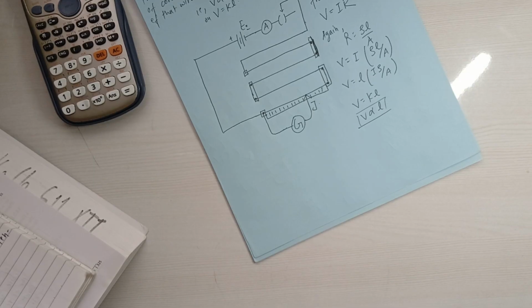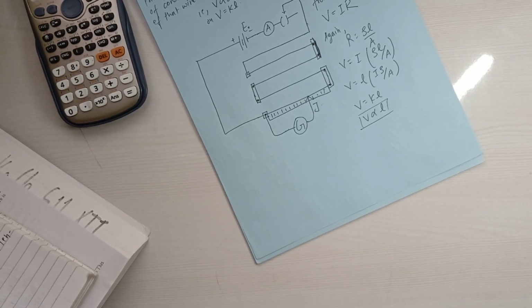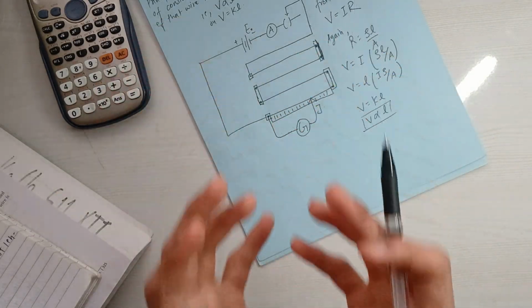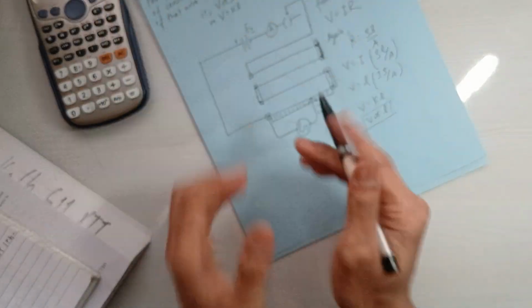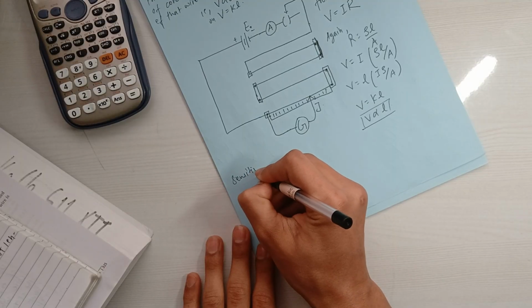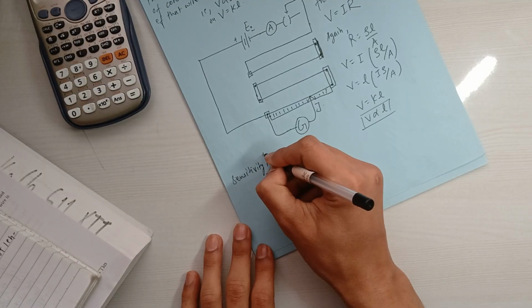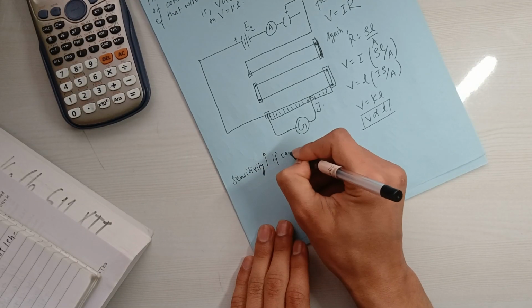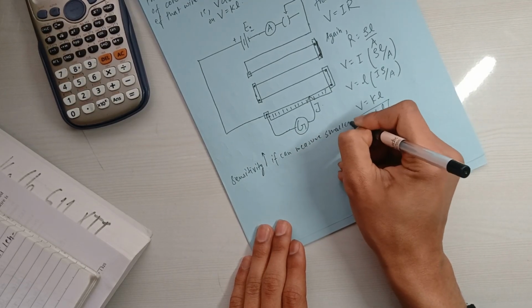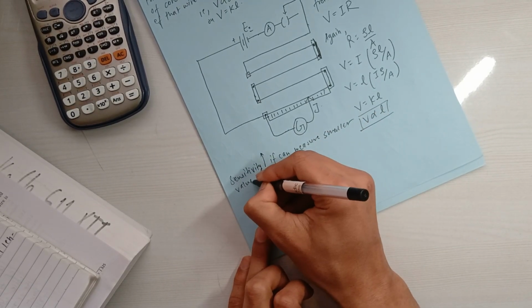Now we're going to what will be asked in examination. First of all, we're going to sensitivity of potentiometer, and sensitivity of potentiometer basically means that it is sensitive if it can measure smaller values. So sensitivity is more if it can measure smaller values.